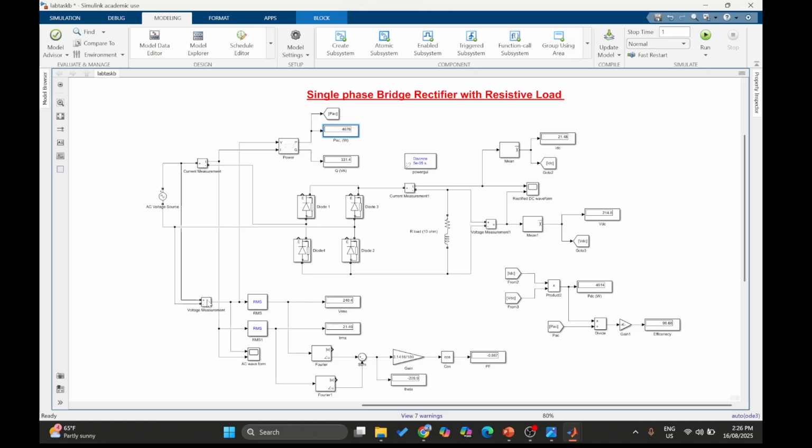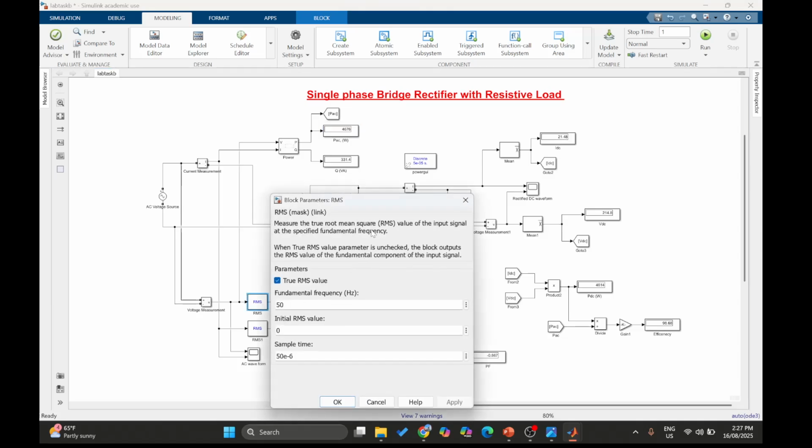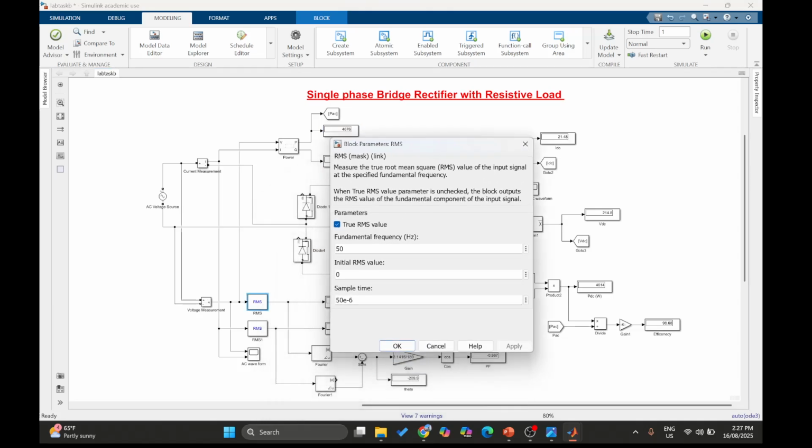Similarly, at the load side, I am trying to measure the load voltage and the source voltage. To measure the source voltage, I'm using a voltage measurement block, which goes to the RMS block. The RMS block has the following parameters.